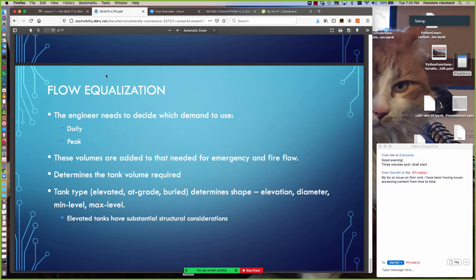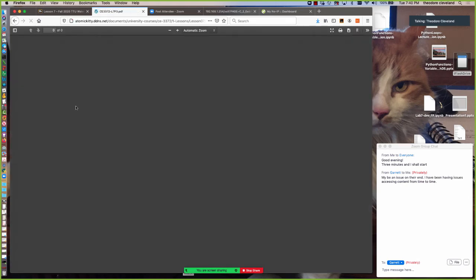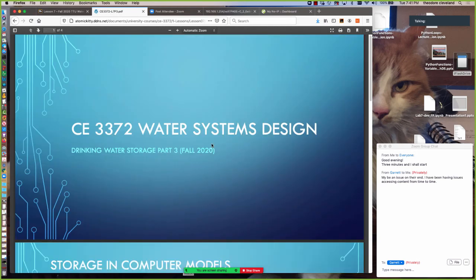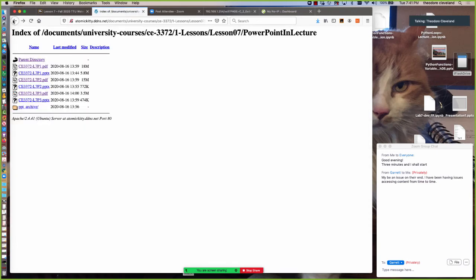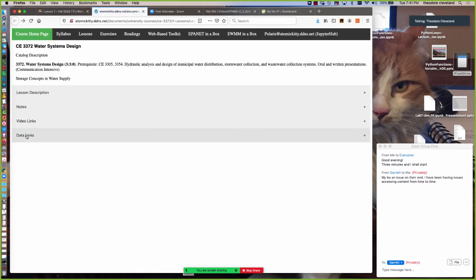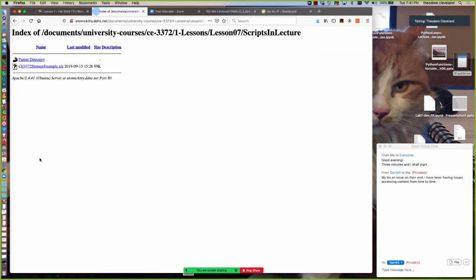That's a little beyond the scope of this class, but I mention it that it's not trivial. Before we go to this, let's go take a look at that example spreadsheet, because it will be instructive.